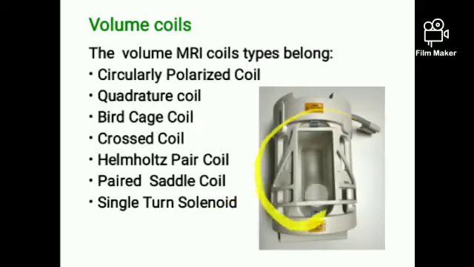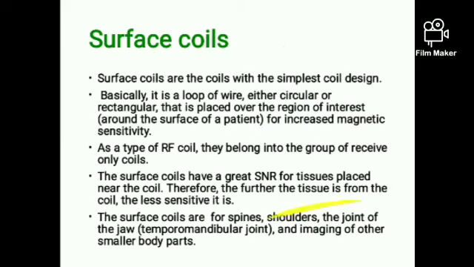Next, see, this is the type of volume coil, so it is larger in diameter, it has more area coverage, and it has more field homogeneity, but SNR of this coil is low, so you will get a little bit lower quality of image. So the types of volume coils are head coil, neck coil, quadrature coil, birdcage coil, crossed coil, Helmholtz coil, paired saddle coil, that is the Memo coil, and single turn solenoid coil.